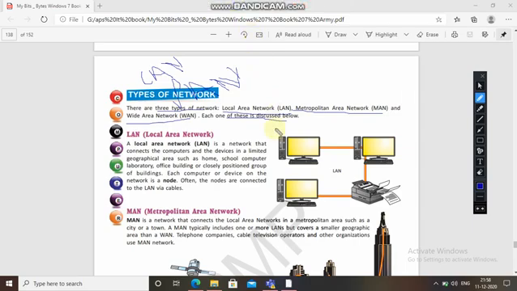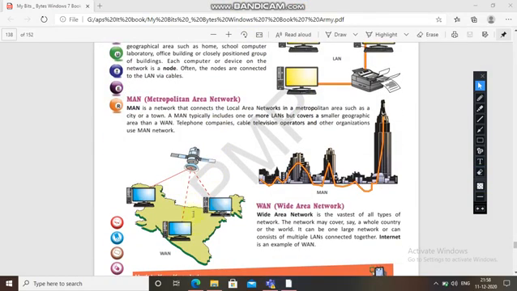Now next, what you will see in the MAN network, if you see the picture, is how they are connected. So now, metropolitan area network. MAN is a network that connects local area networks in metropolitan areas such as a city or town, that I have read and explained to you.